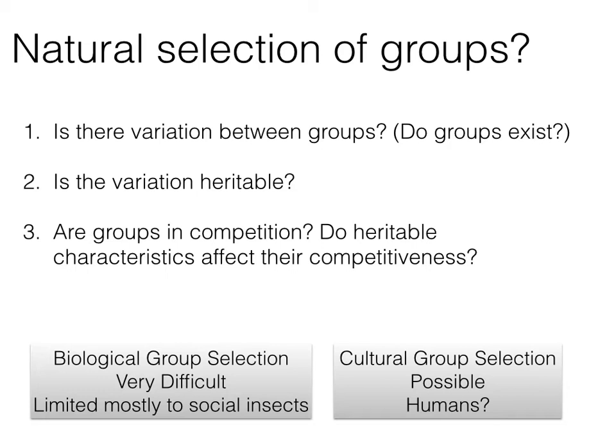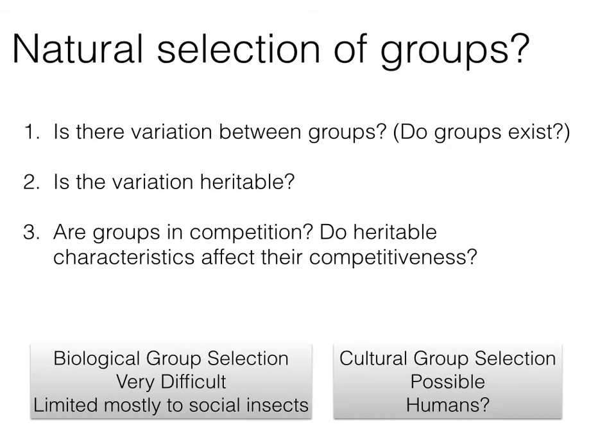When we do see biological group selection, it's limited almost entirely to the social insects because they have special mechanisms of genetic inheritance that make groups more related to their own members and less related to other members. So biologically, we talked about this already, it's very unlikely that individuals, organisms, do things for the good of the group outside of their very close kin.